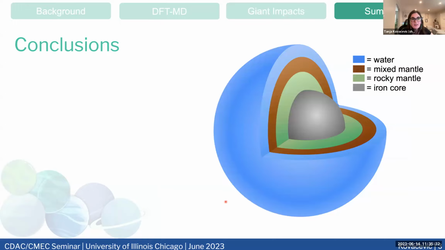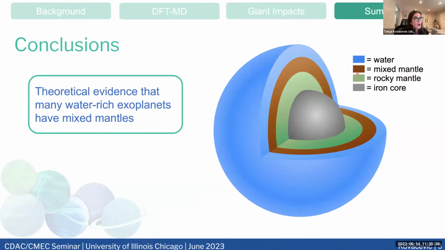Ultimately, the conclusion of this work is that we now have provided theoretical evidence that many water-rich exoplanets have mixed mantles, and we'd like to add this little additional brown mixed layer.